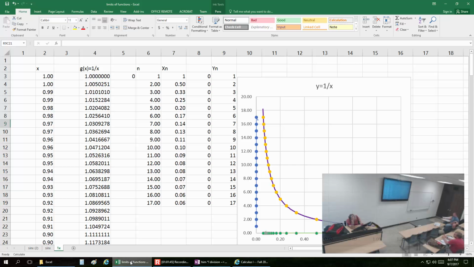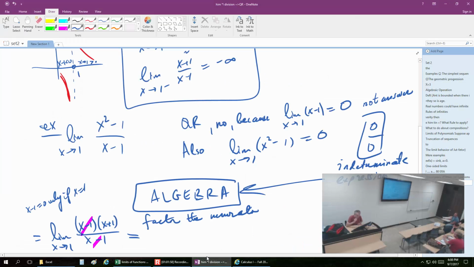So even though there is a chance that the function itself is undefined at that point, that's okay, because we are staying away from that particular location. We divide by x minus 1, which is never equal to 0 as far as the limit is concerned. It works out nicely because we end up with x plus 1, and the limit is 1 plus 1, which is equal to 2.